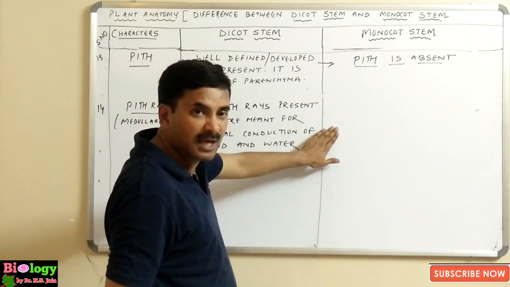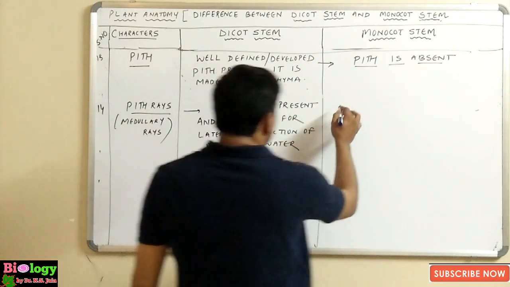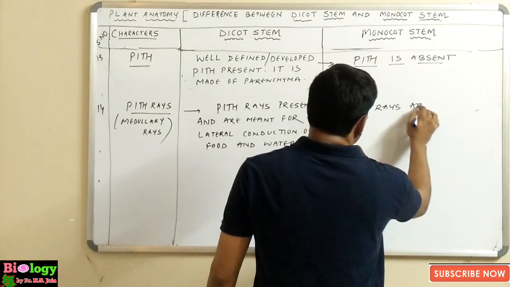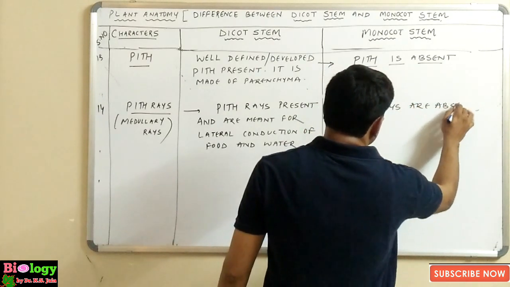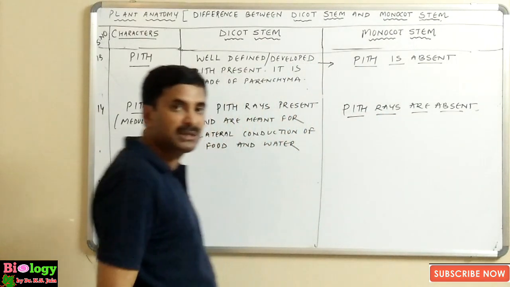Okay, but here in the monocot stem, as the pith is absent, so pith rays are absent. In between the vascular bundles there are no pith rays.